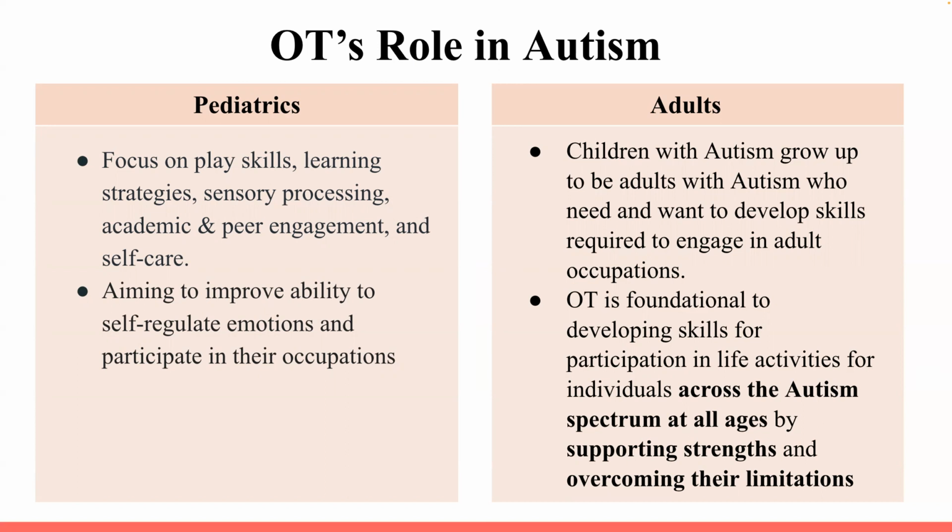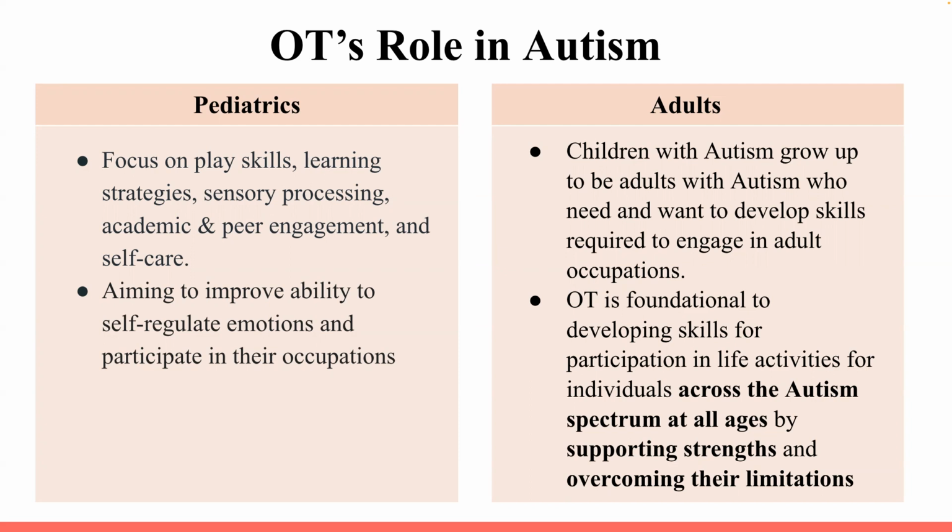So when we're transitioning into adulthood, some of the common occupations can be things like wanting to apply for a job or wanting to move out of your parents' house, learning how to drive, or even purchasing a car.